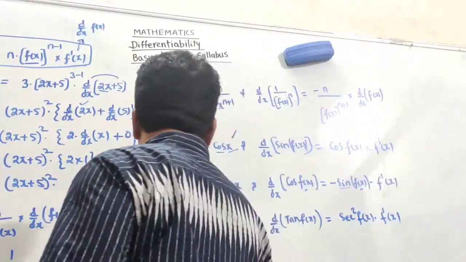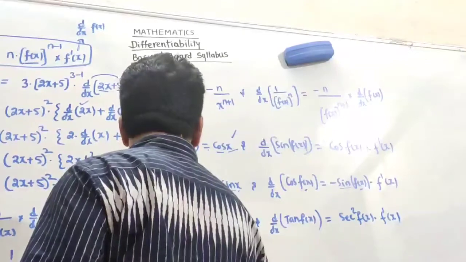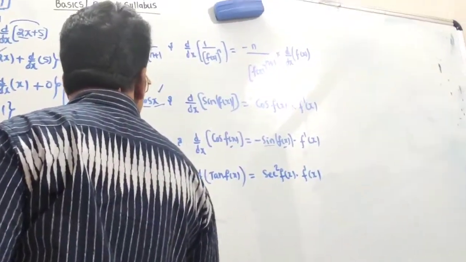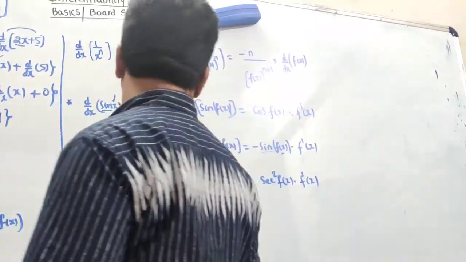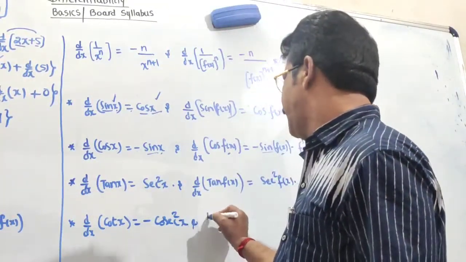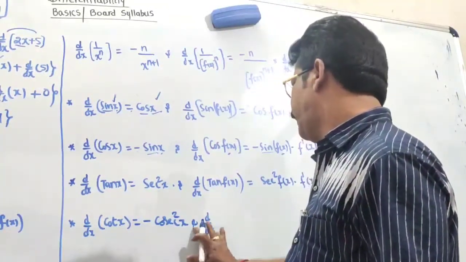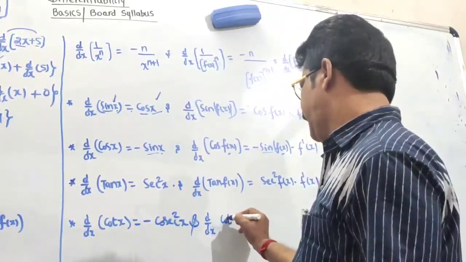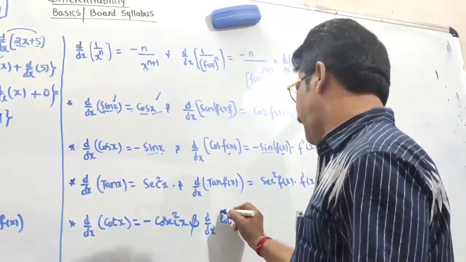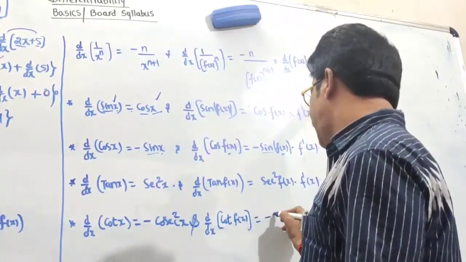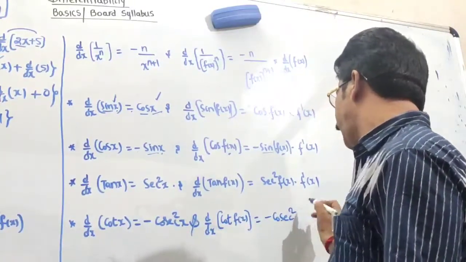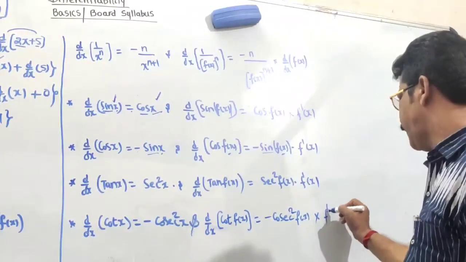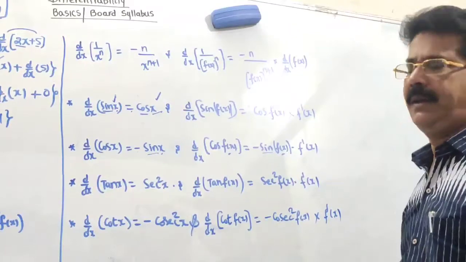Next, d by dx of cot x is what? Minus cosecant square x, and d by dx of cot f of x equal to minus cosecant square, instead of x, write f of x into f dash of x, means d by dx of f of x.